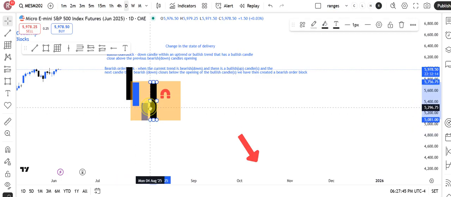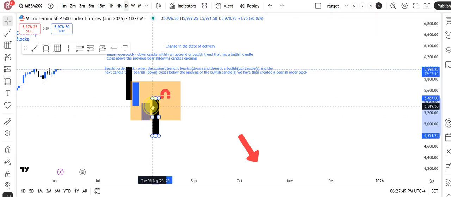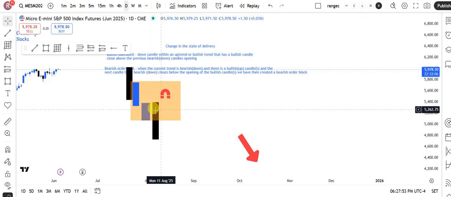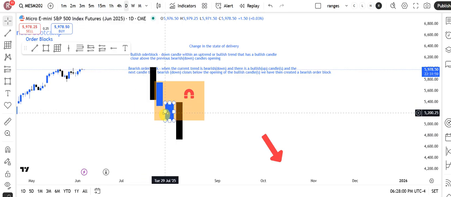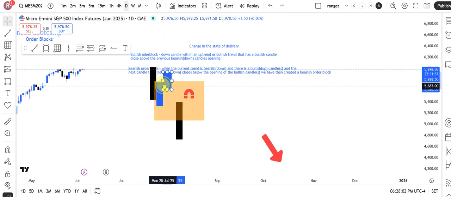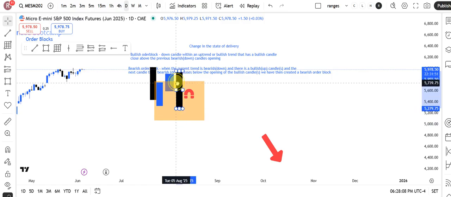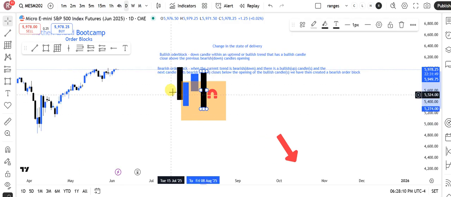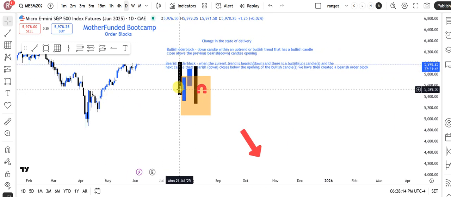And I'll move that up to there. Right there. Boom. So now these 2 candles form the complete order block. Actually, no, that's not correct. Sorry. So we would have to do it like that. And that. Boom.